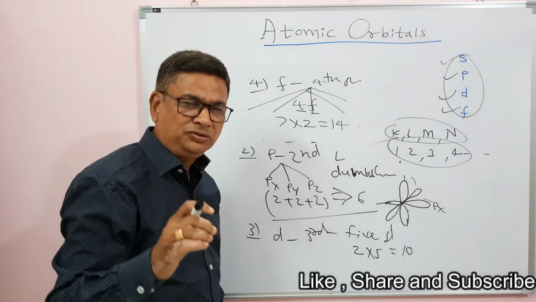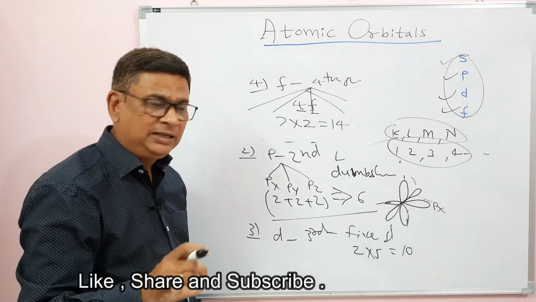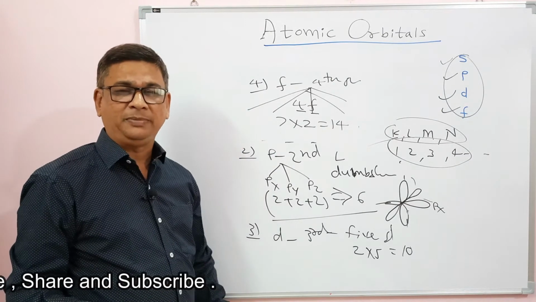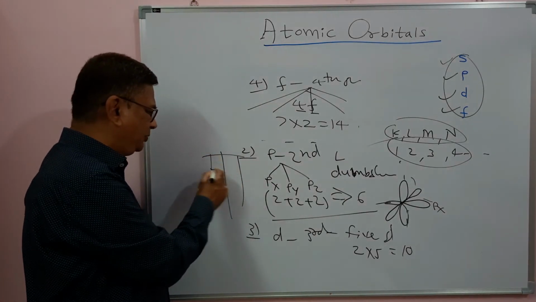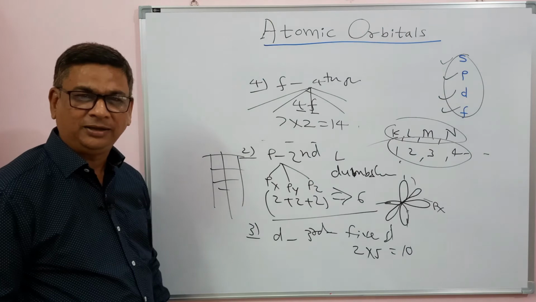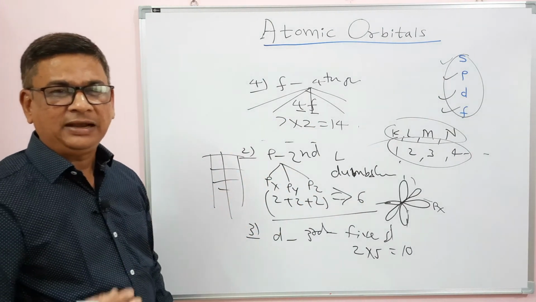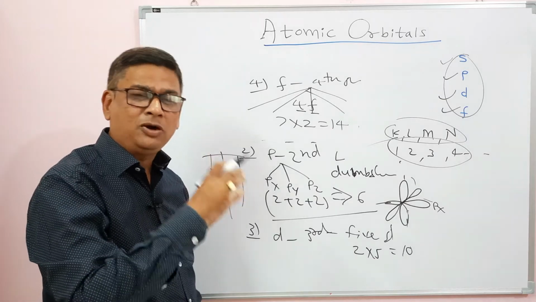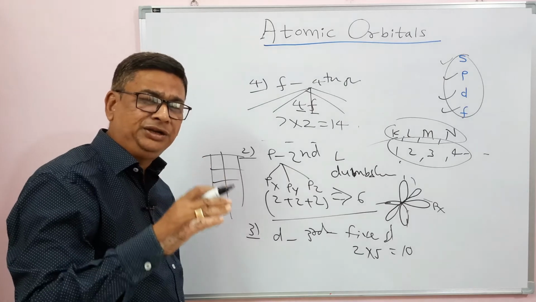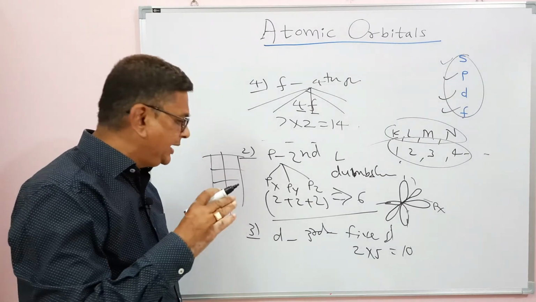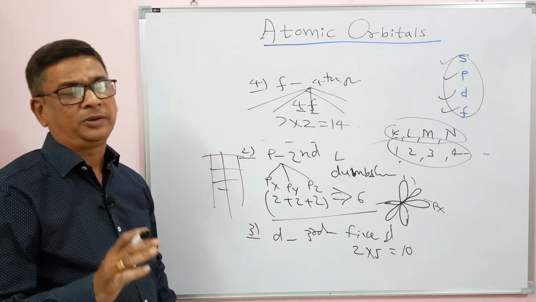If the last electron, also called the differentiating electron, goes to the S orbital, then it is an S block element. As you know, they are in the first and second group, alkali metals and alkaline earth metals. We have P block on the right side, where the elements have their last electron entering the p orbital. The middle D block is where the last electron enters the d orbital, and similarly F block elements have the last electron that enters the f orbital.